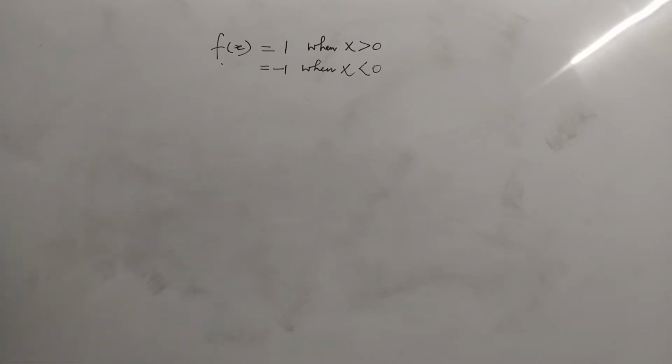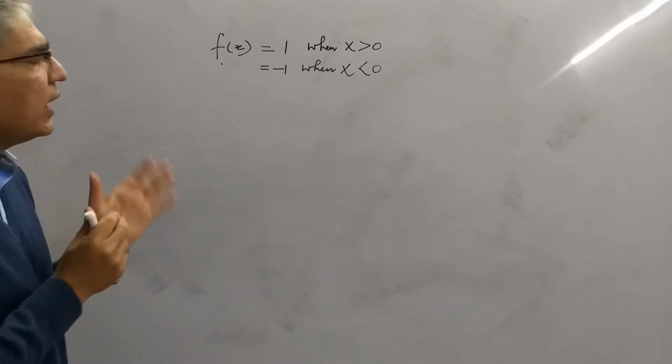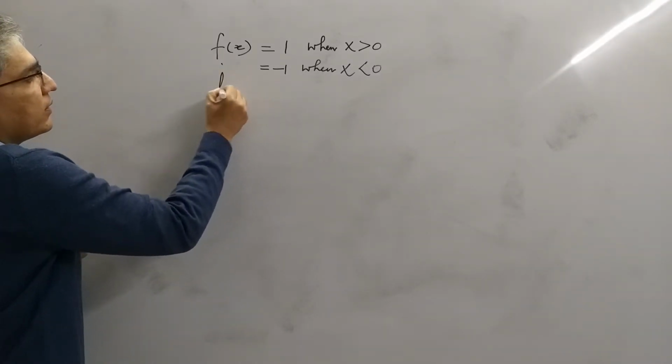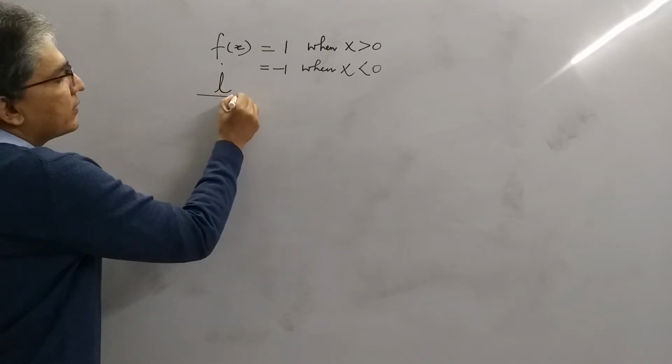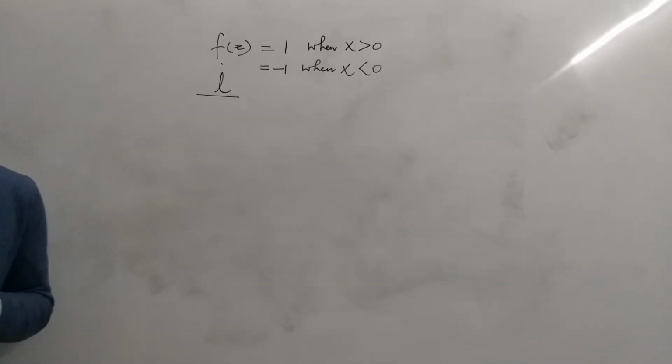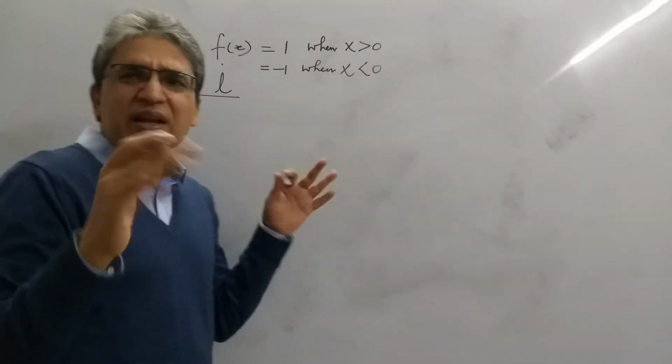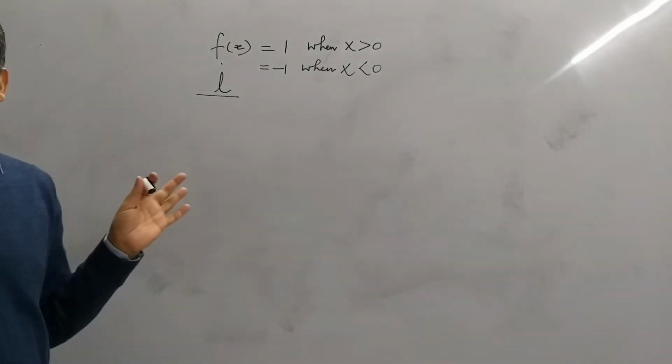Now I'll apply the same concept, and let's say that there is a limit. I'll argue in this case that there is a limit. Now, suppose the limit is L. I'll take a particular limit and that limit is L. No matter where x is going, the limit is L. Alright.